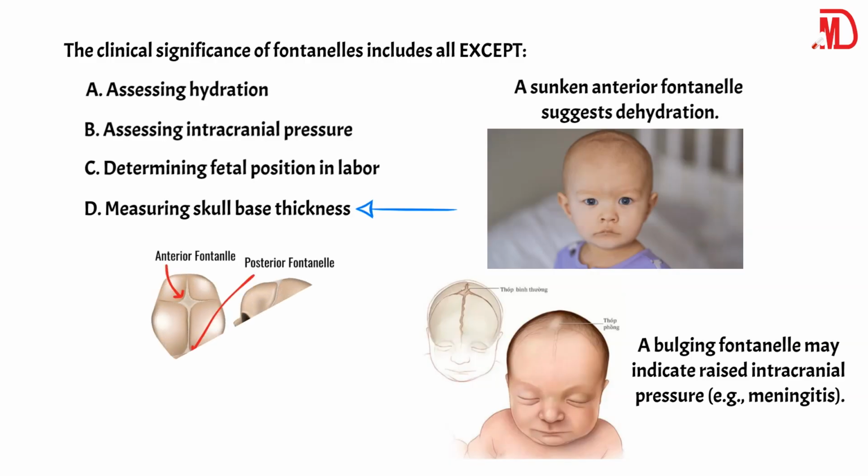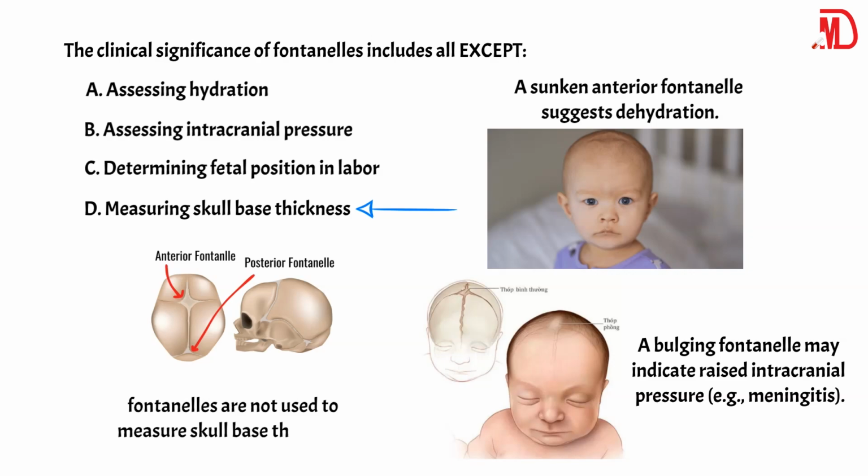The shape and location of fontanelles, anterior versus posterior, help identify fetal head position during vaginal examination. But fontanelles are not used to measure skull base thickness. The skull base is thick, ossified, and not related to fontanelle assessment. Therefore, D is the correct exception.